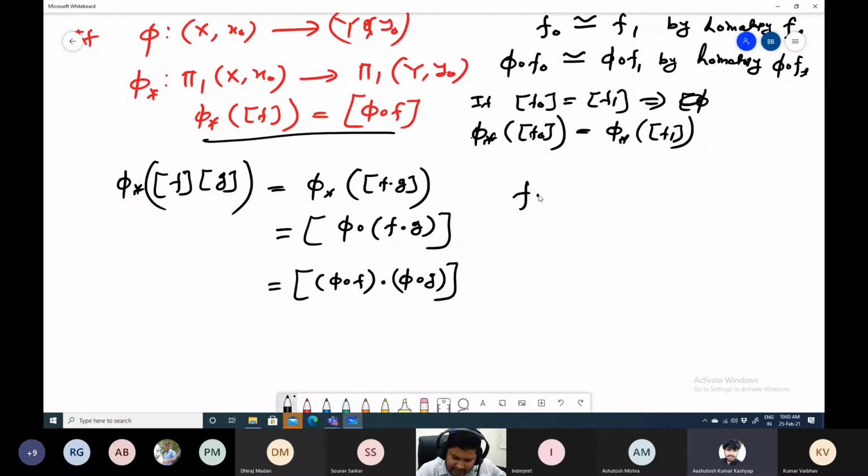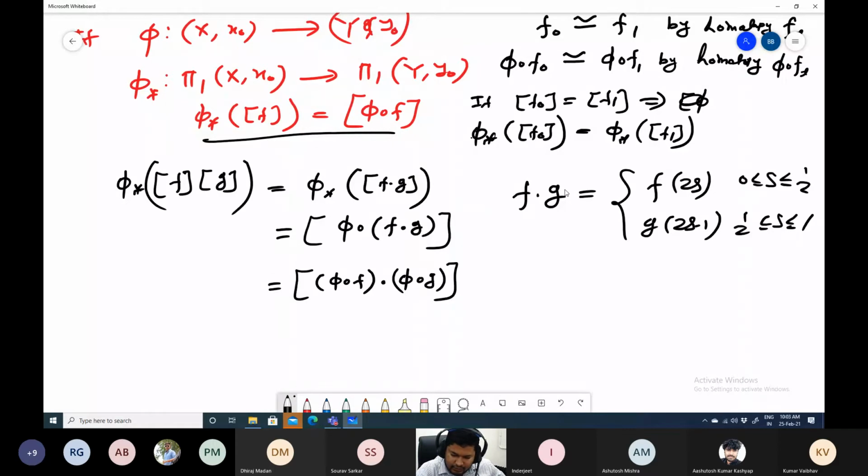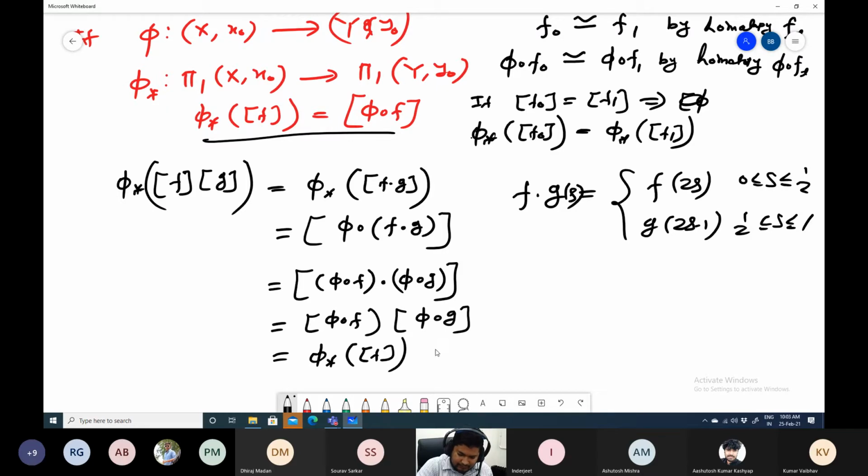Right. Now just the definition of this. So this is f of 2s for 0 less than or equal to s less than or equal to half, and g of 2s minus 1 for half less than or equal to s less than or equal to 1. Now just compose phi, then you will get this. That is simple. That is actually phi composed with f dot phi composed with g, and that will be phi star f dot phi star g.